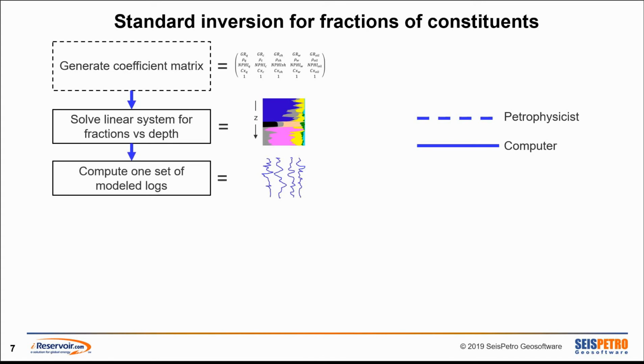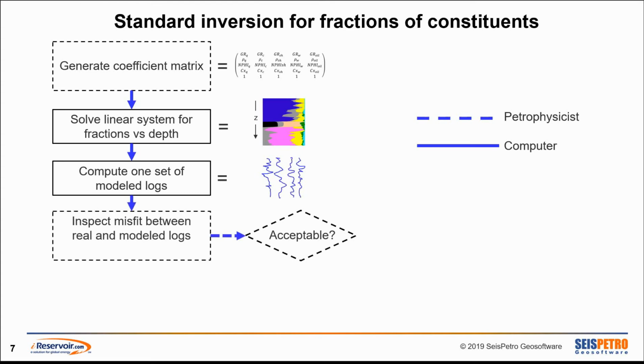Then the algorithm computes one set of model logs, and the results are inspected by the petrophysicist on the screen of the computer to check whether the fit between the computed logs and the measured logs is acceptable.